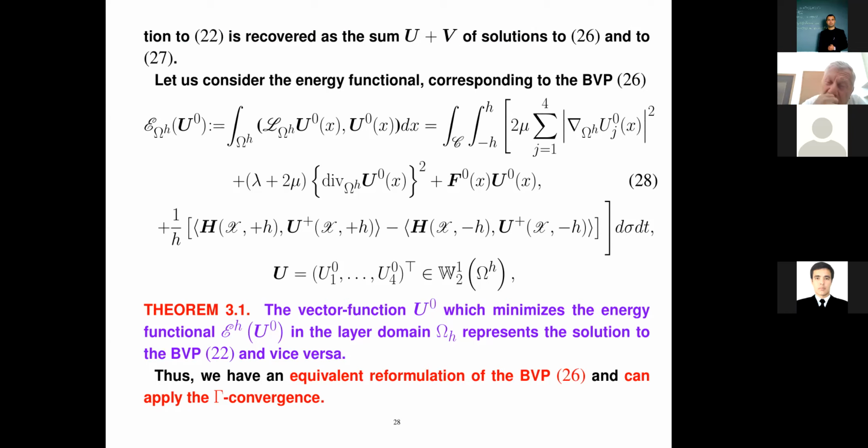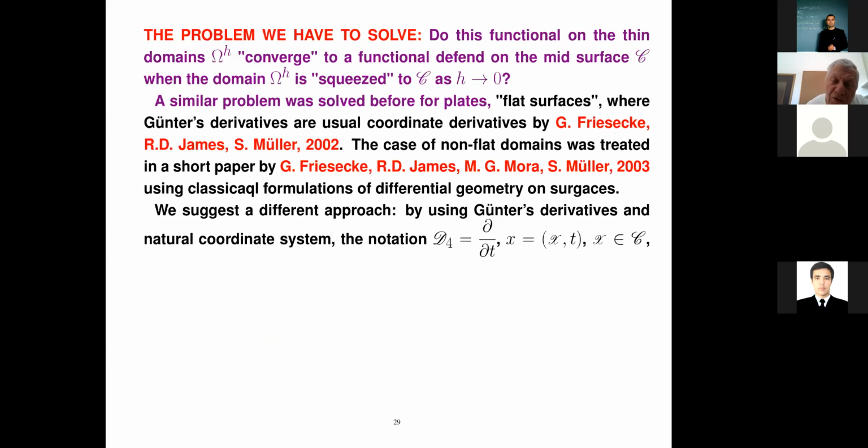We can apply gamma convergence, because now we have a sequence of functionals, and we can define for them the gamma limit. Here we have to mention that this problem for plates, with the classical coordinate derivatives, was solved by Friesecke, James, and Müller in 2002.